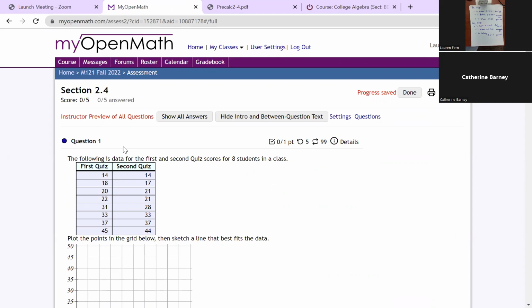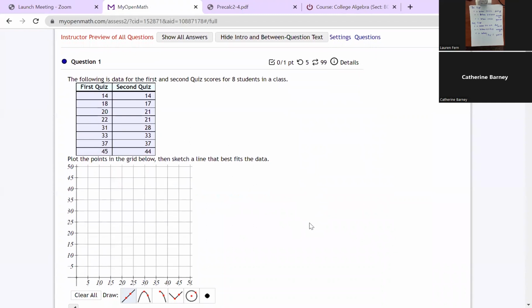All right. In this first one, literally what they want you to do is plot a bunch of points. This is the first quiz, second quiz, and we're looking at it for 8 students. For example, this student got 14 on each quiz.